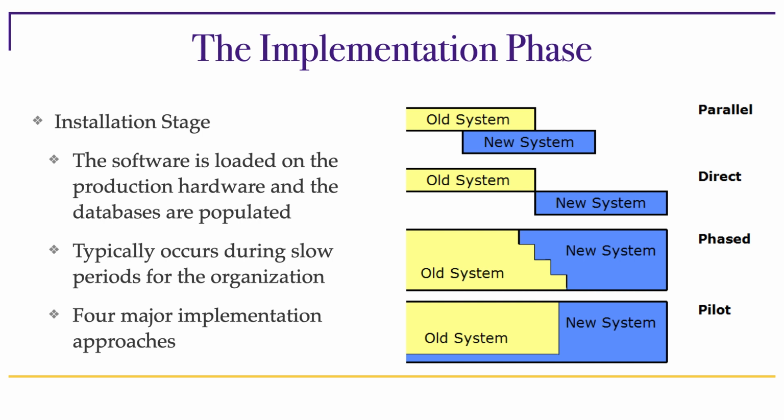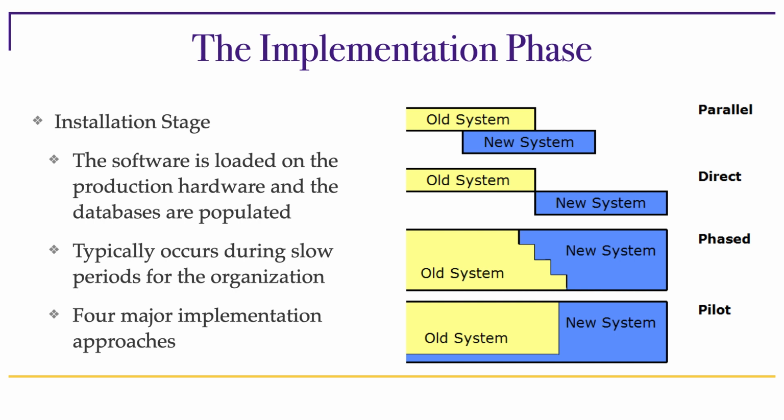So you could have a parallel installation where you have the old system and the new system both being operational for a period of time. So they run in parallel. That's why it's called parallel. This is, of course, advantageous when you can do it, because if at any moment in time there's something that goes horribly wrong with the new system, you still can maintain the old system.